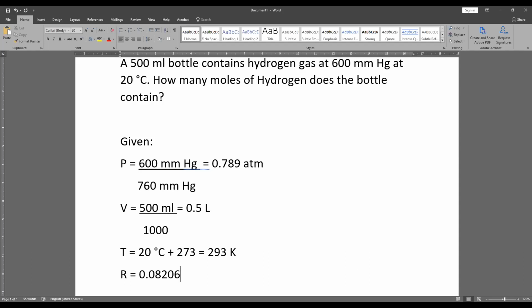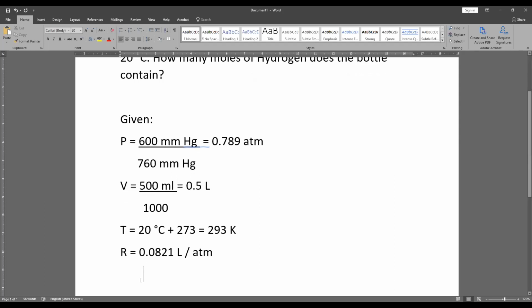Or we can actually have 0.08206 liters per ATM, over per mole, underline, mole per Kelvin. Correct? Is that correct?